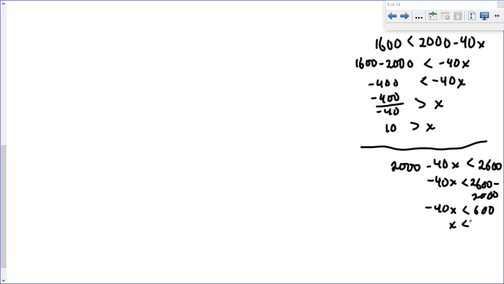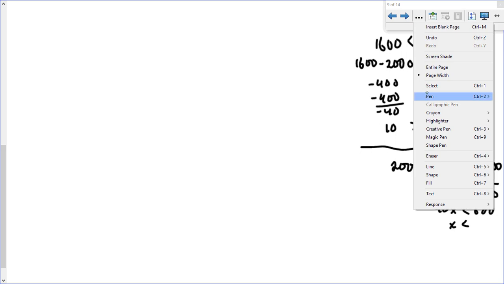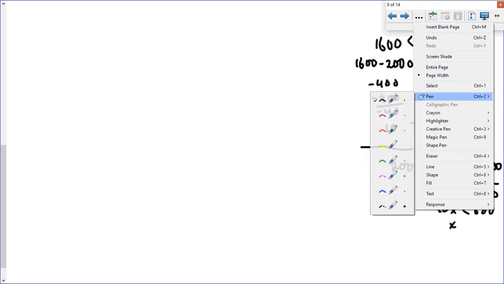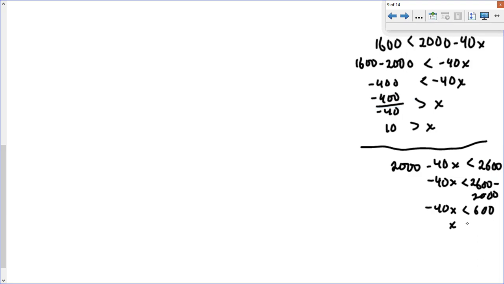Division by a negative flips my inequality here. So when I divide by a negative, don't know if you remember that, if you've ever done some work with inequalities. Okay, and that means x has got to be greater than negative 15.